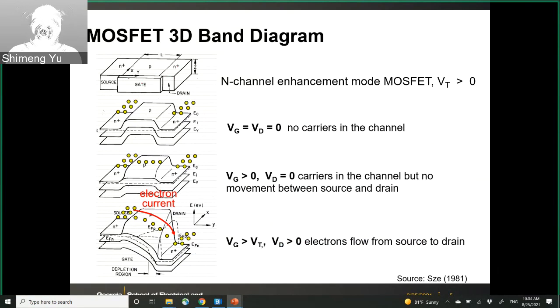Looking from this perspective, you will see the top view of the transistor. This is the source, this is the drain, and this is the gate. In this case, this will be your L, and this will be your width, W. This direction is in the silicon substrate.